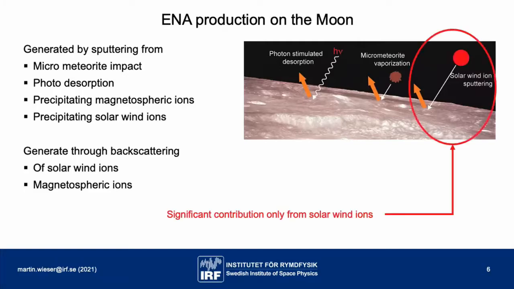If you look at the large amount of ENAs that are emitted from the lunar surface, it's this process, solar wind reflected from the surface, and also particles sputtered by solar wind, that is by far dominant.